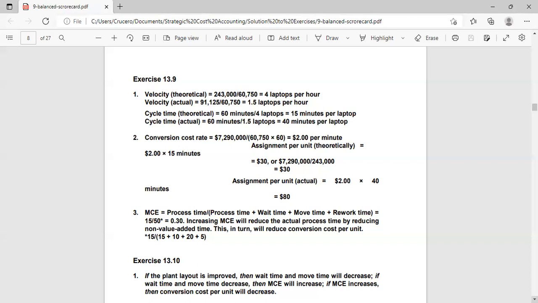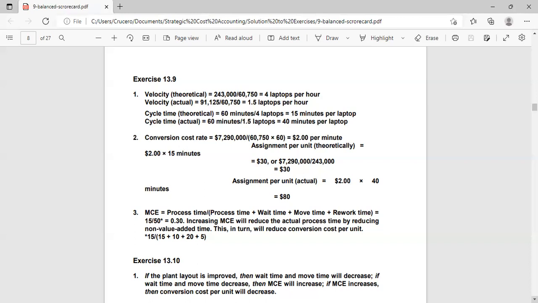And the conversion cost rate is 7,290,000 divided by 60,750 times 60. So it's $2 per minute. And 2 times 15 minutes, we get 30.